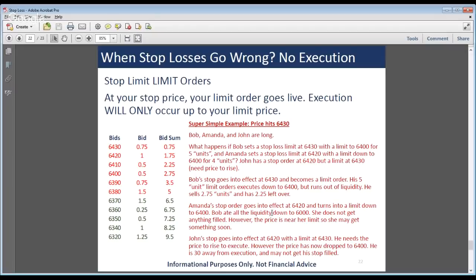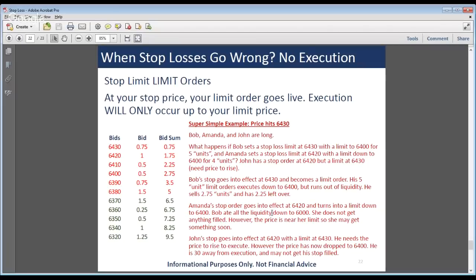So what about John in this case? John's stop goes into effect at 64.20. His sell price is 64.30. Like I mentioned before, he wants to actually sell when the price goes up. But the problem now, in John's mind, is he set the stop at 64.20 and he's only $10 away, so just maybe a little chop will give him a little better execution.